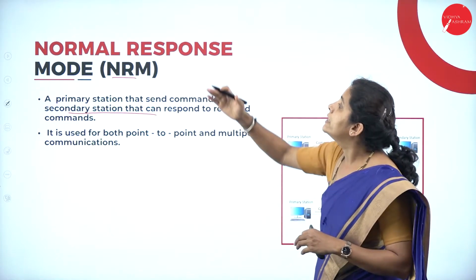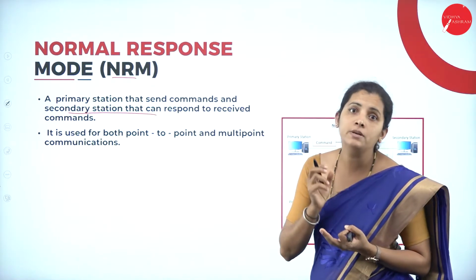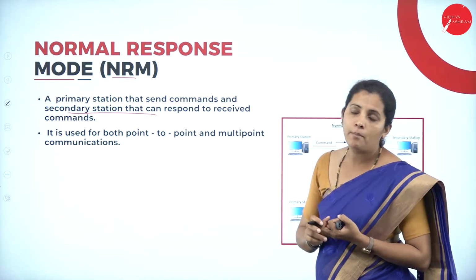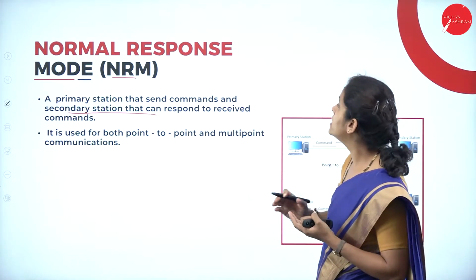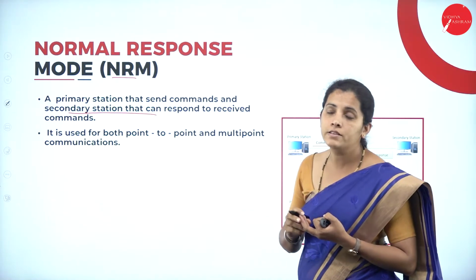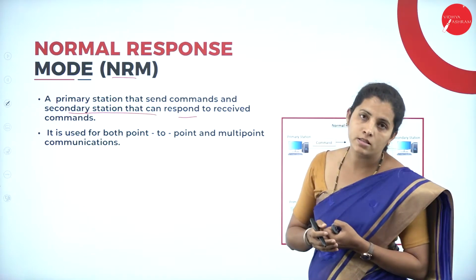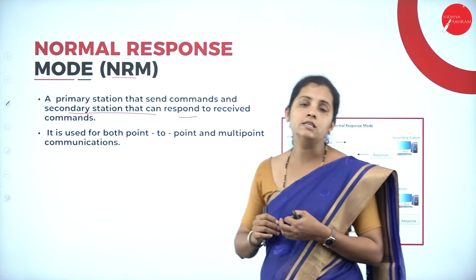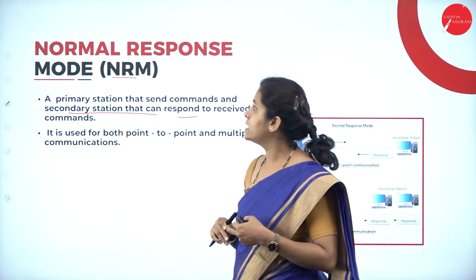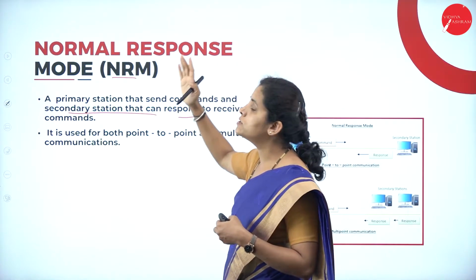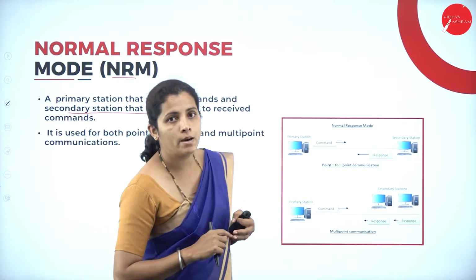In normal response mode, the primary station is responsible for sending the commands to the secondary station, and the secondary station is responsible for receiving the commands and responding to them. It uses both point to point and multi-point communication.